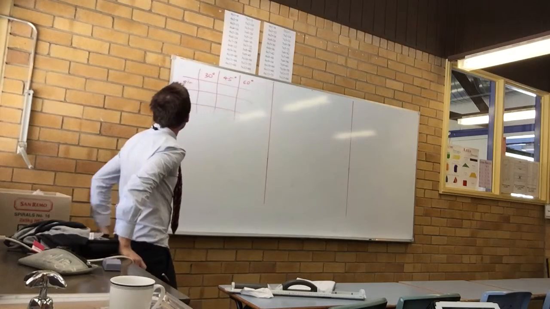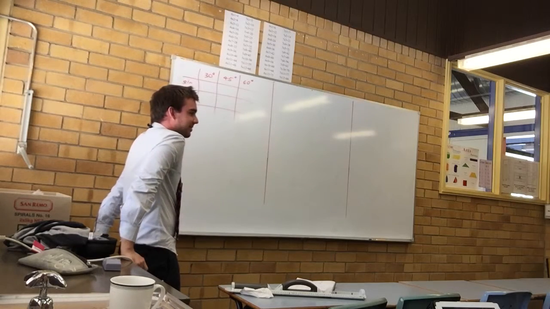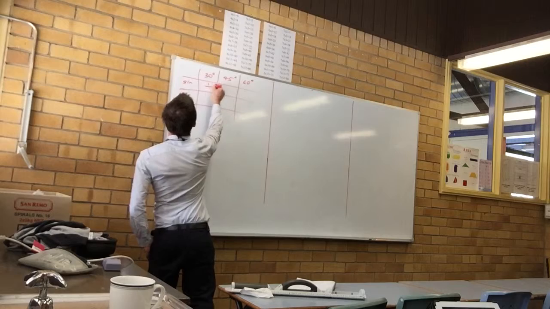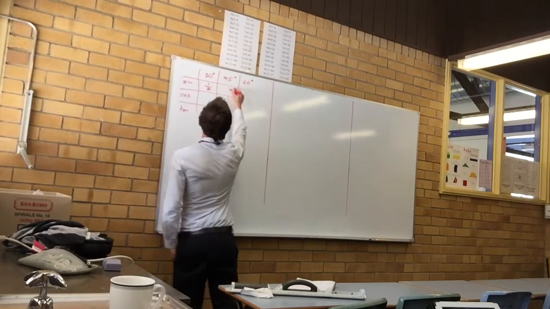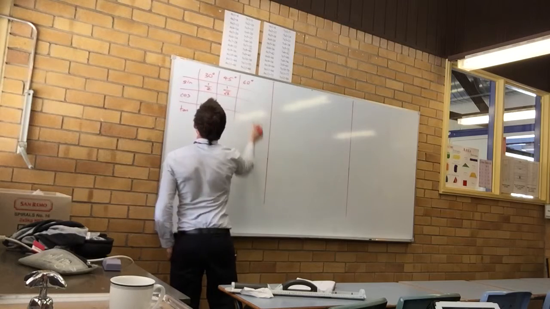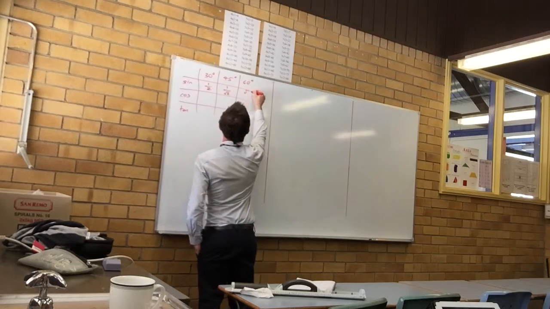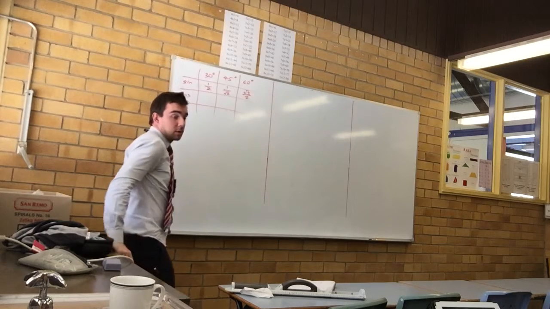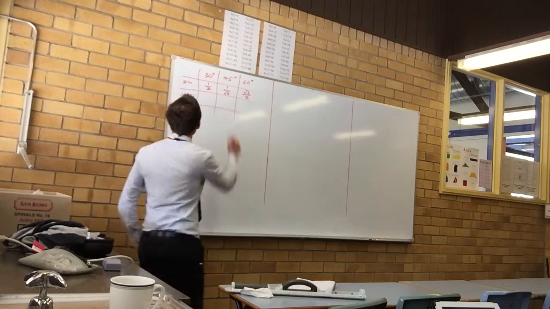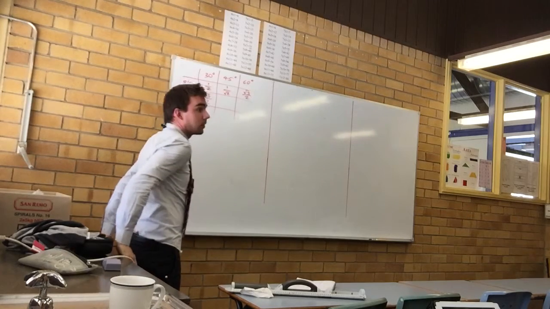Sine of 30, sine of 45, sine of 60: root 3 over 2. Cos of 30: root 3 over 2. Cos of 45.